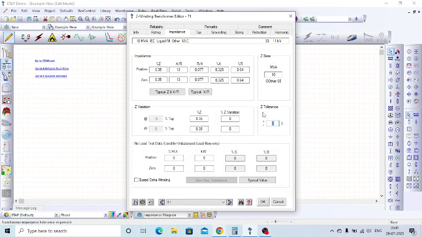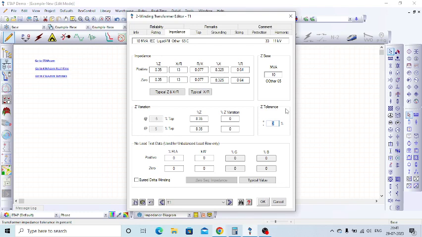Then the impedance tolerance. In order to find out the worst scenario, normally in load flow analysis, we will consider the tolerance. In a transformer, the transformer manufacturer will give the impedance with some tolerance in percentage.